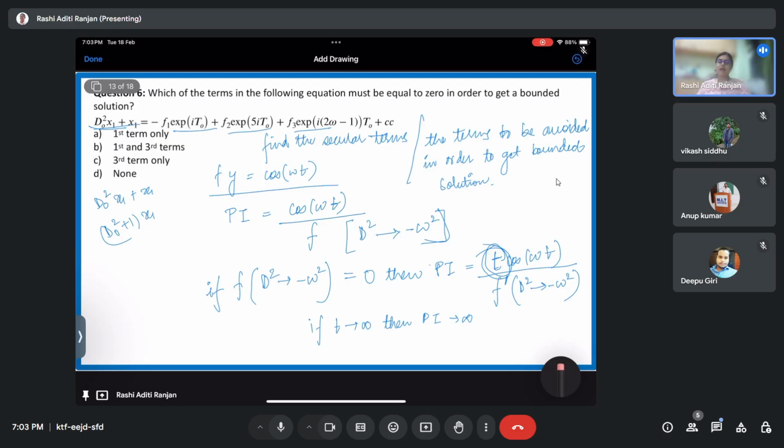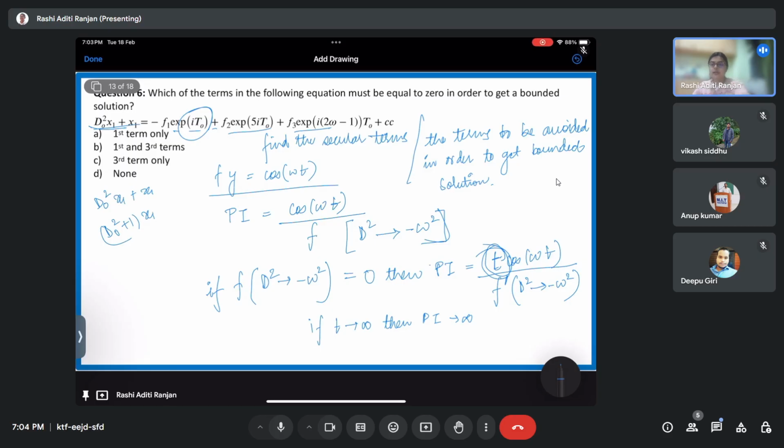Similarly, we have the terms written in the form of exponentials, plus cc, the complex conjugates. If you look at the first term, it is going to make the system go unbounded. It is a secular term, so the first term should not be there. So f1 should be equal to 0.